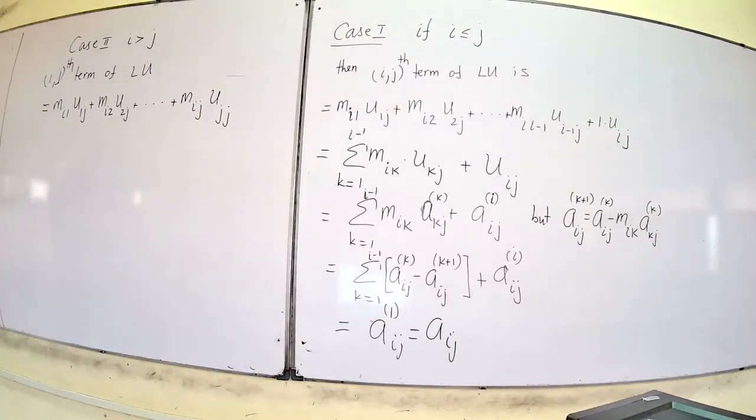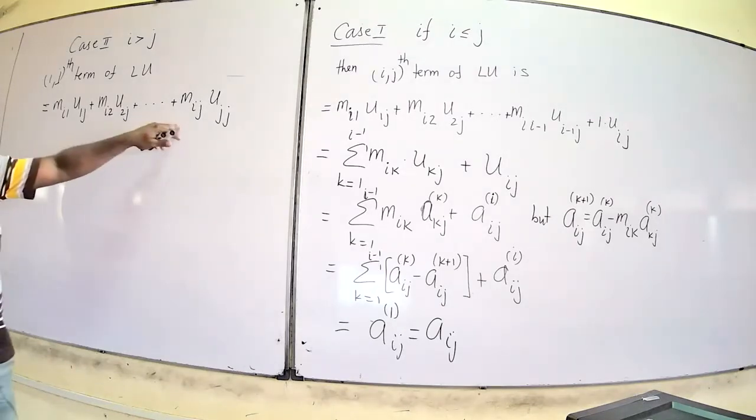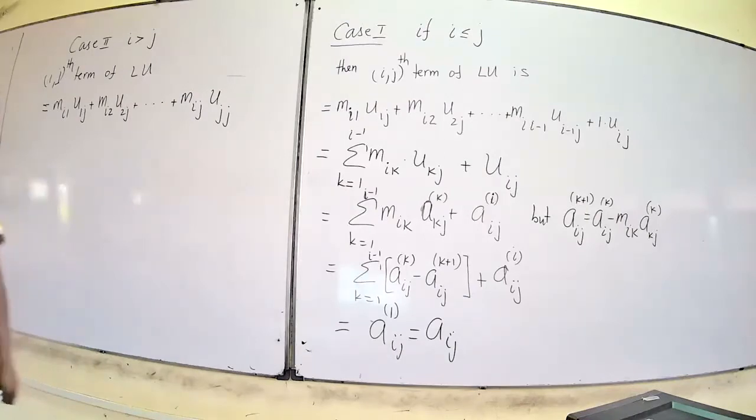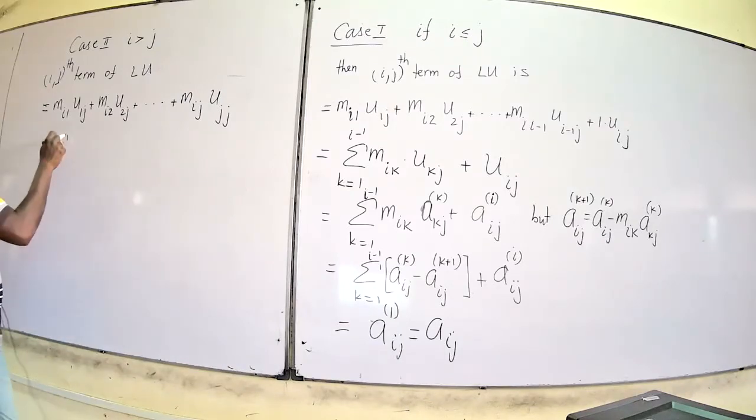But after ujj, all of them are 0. So when you multiply mij with ujj, after that everything will be 0. So this is the same as this, sorry, 1 to j.